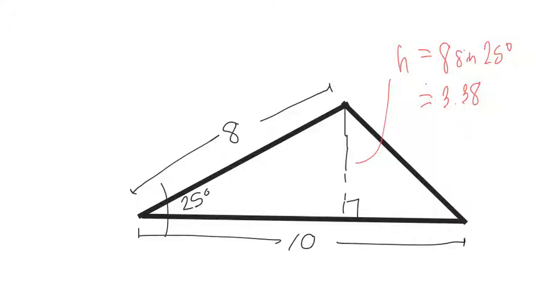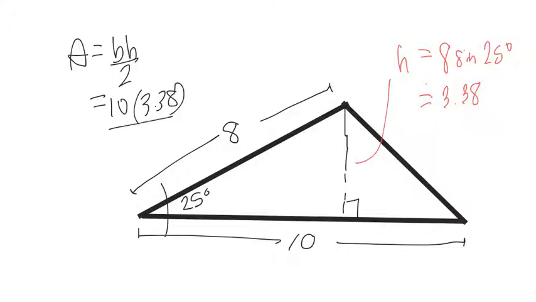I can just compute the area from the usual area equals base times height divided by 2. My base is 10. My height is this 3.38. And then I divide that all by 2. And I get a number pretty close to 15. Well, sort of. It's 16.9 units squared.